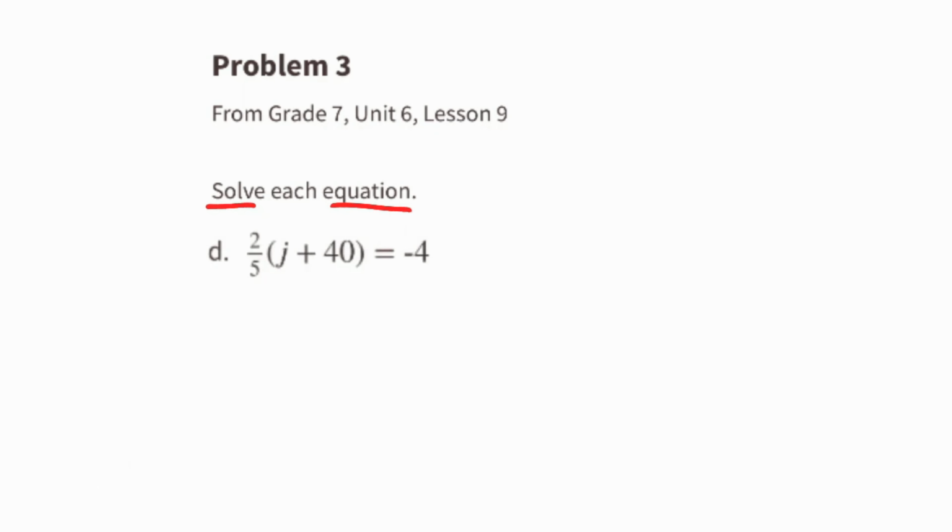D. 2/5 times j plus 40 equals negative 4.